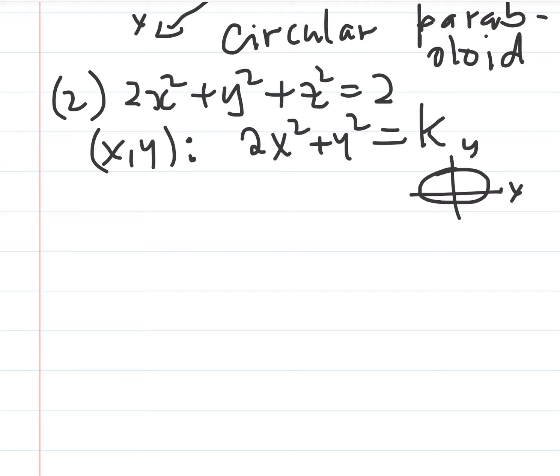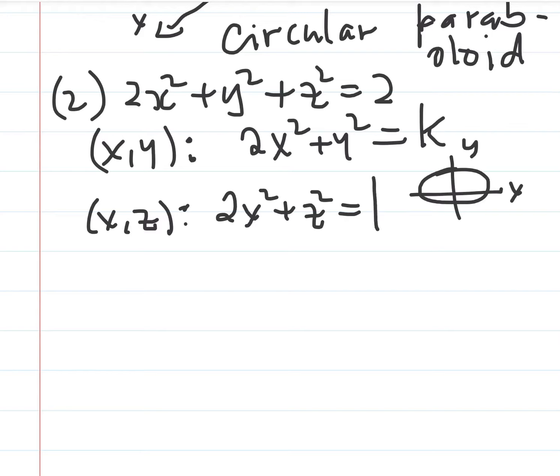If you look at the xz coordinates, this is now the projection onto the page or the wall that's coming out of the page. We get 2x squared plus z squared equals 2 minus y squared, which will be another constant. We're ignoring the y coordinate. So this would be, say, k1. So in this case too, we have an ellipse.